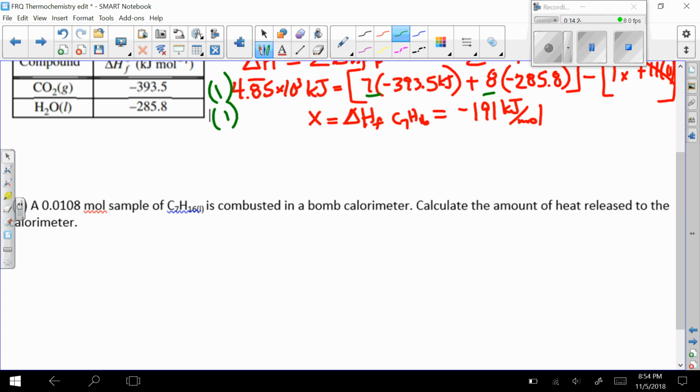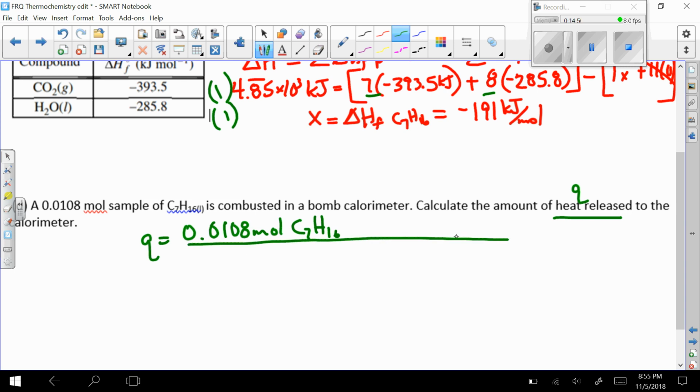What we're trying to find is Q. In this instance, the Q, or the amount of heat released, is going to come from knowing how many moles you have. So you start with this many moles of our sample.